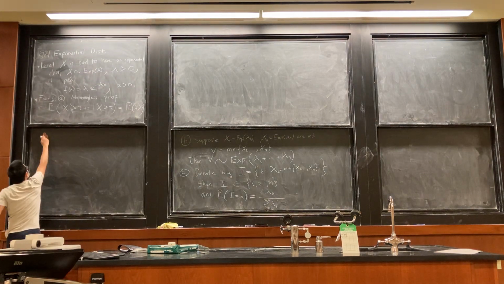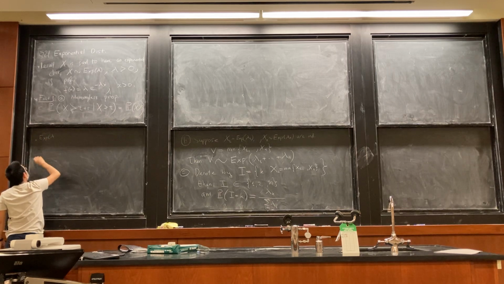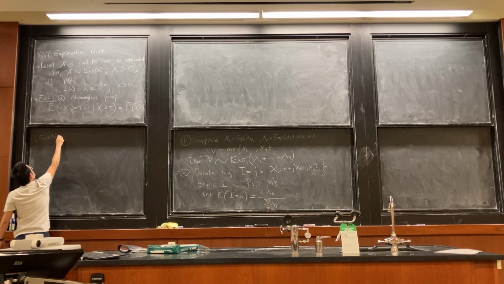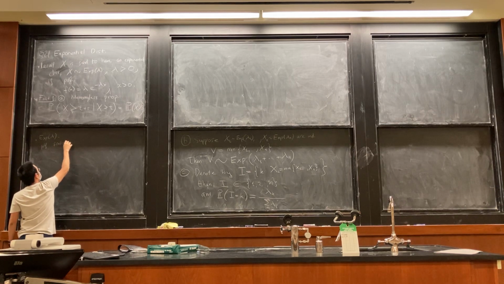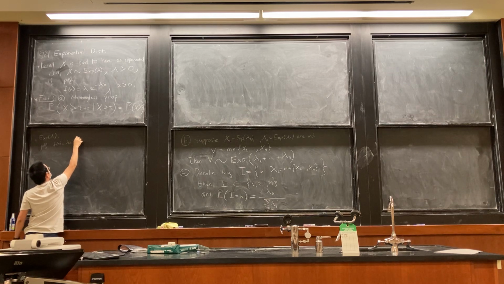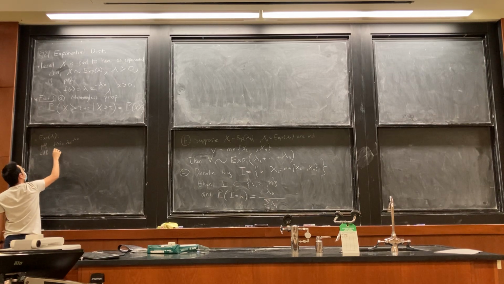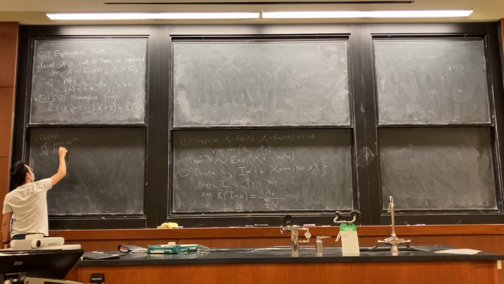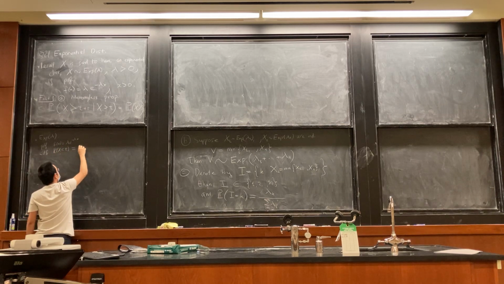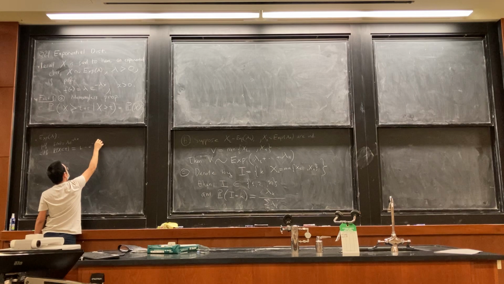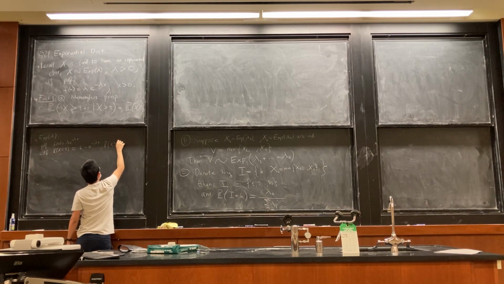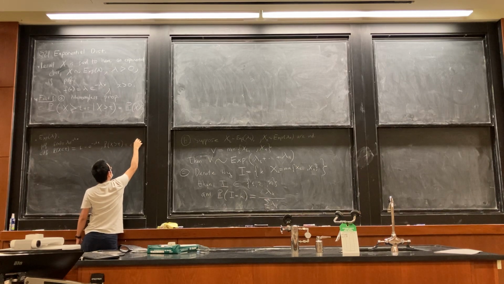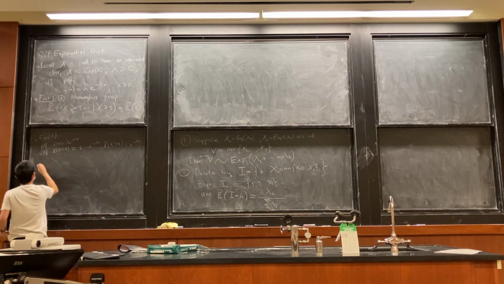Let me write up the following. For exponential lambda, the CDF, probability of X less than t, is 1 minus e to the minus lambda t. And the probability that X is greater than t is e to the minus lambda t.